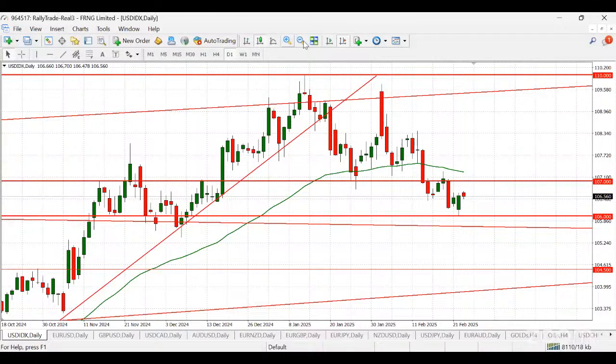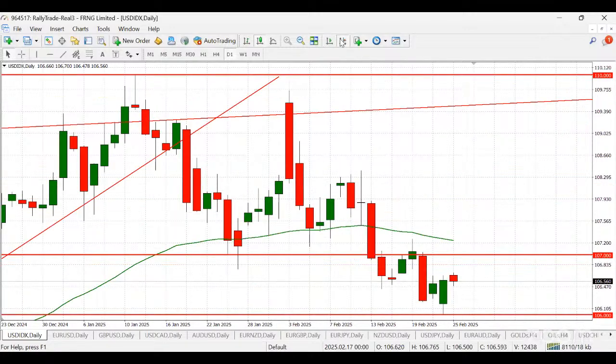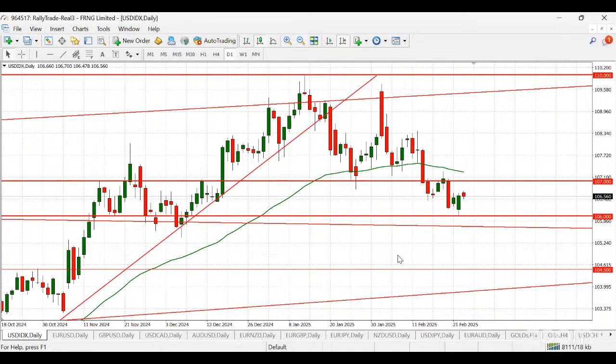All right. Let me tune down to a lower time frame. Right. So currently we have price stuck between the 107 and 106 levels.